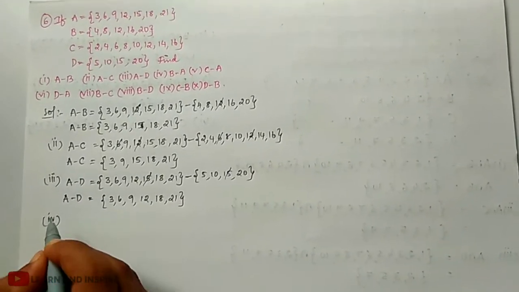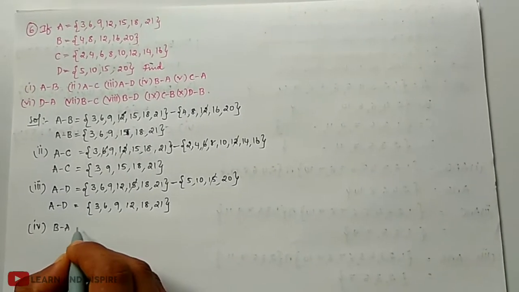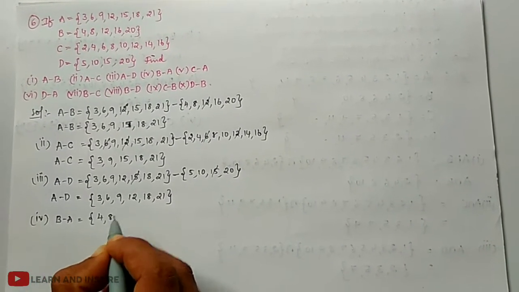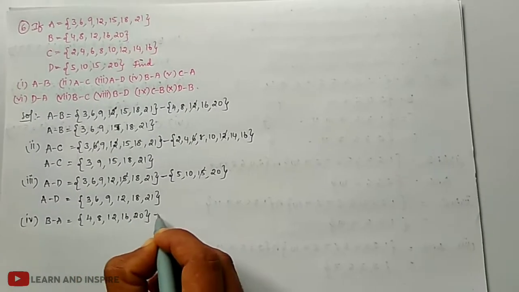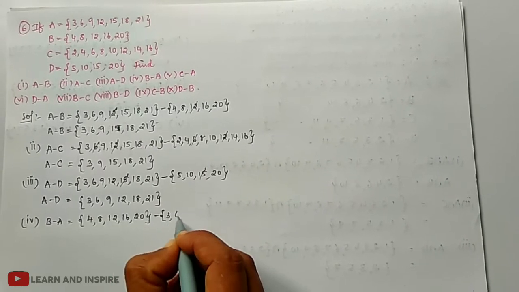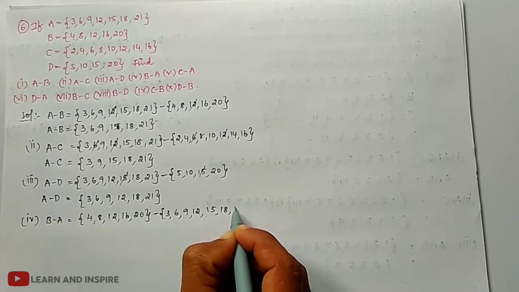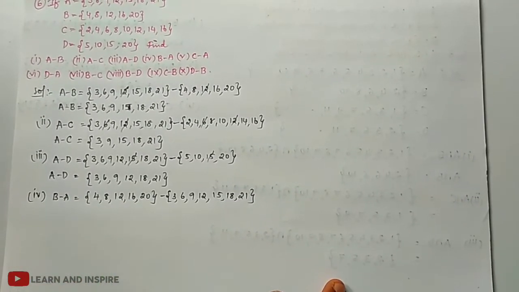Next, fourth one, B minus A. B minus A is equal to the elements of B, 4, 8, 12, 16, 20, minus A, 3, 6, 9, 12, 15, 18, 21. First we cancel the common elements in the first set and second set.